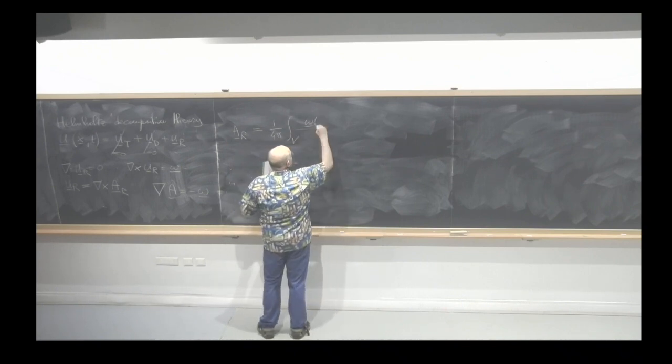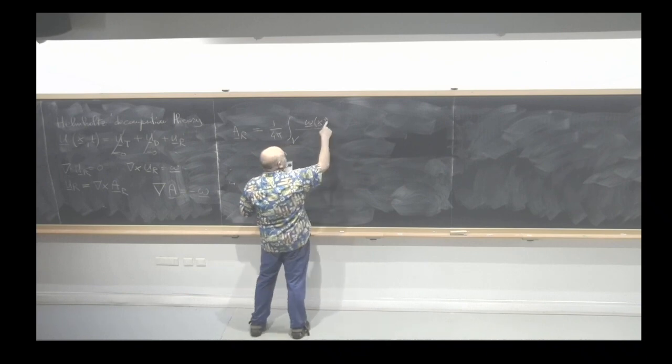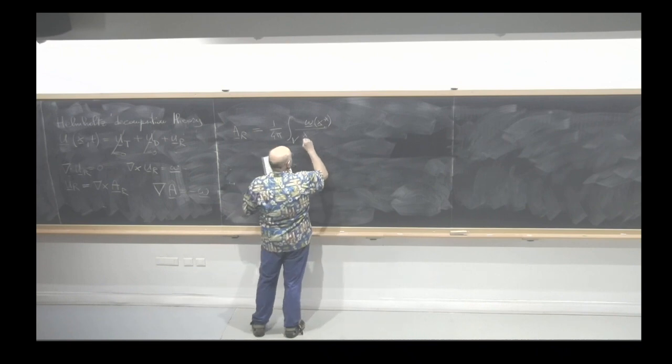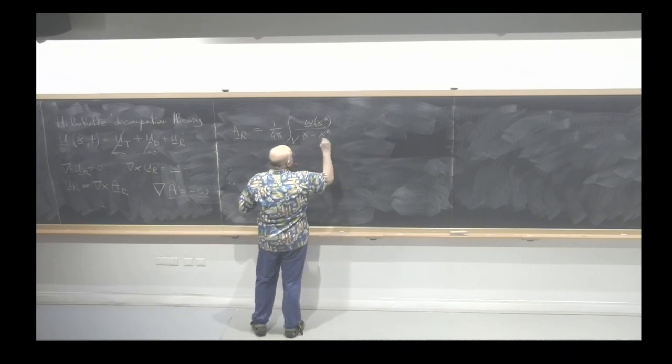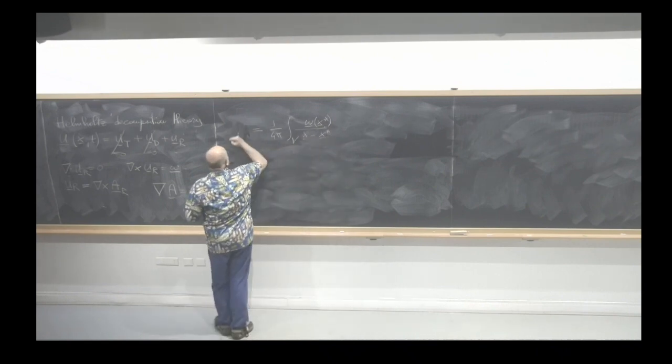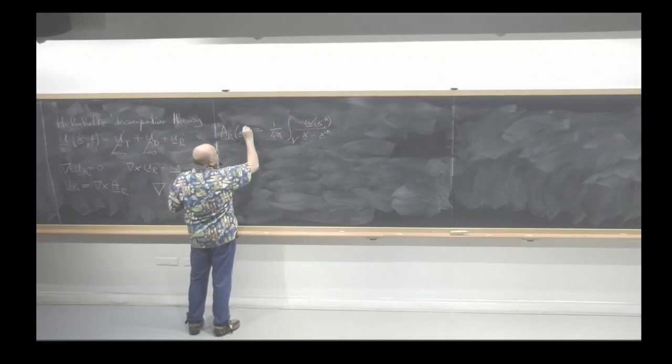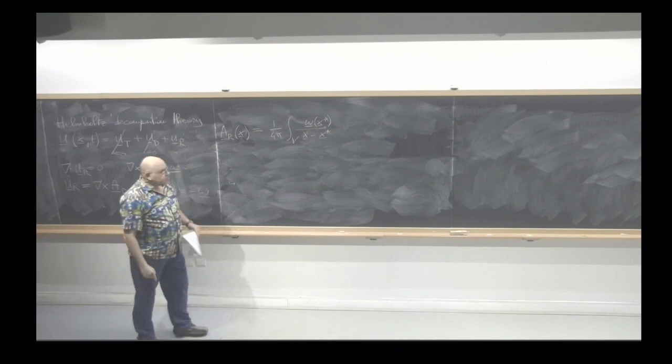Let me stress that this x star is the source of vorticity, and x is the induction point. So this u should be a function of the induction point, okay?